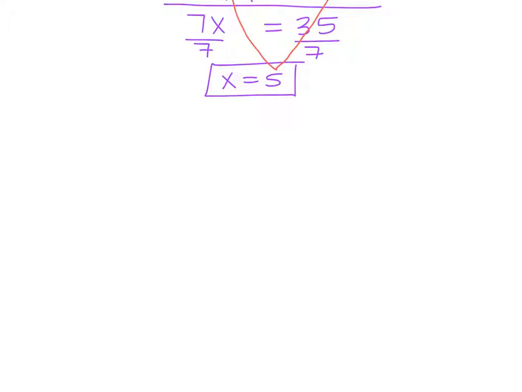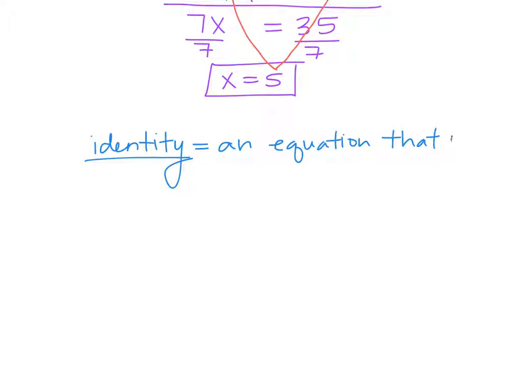There are 2 different answers that you can get. One is called an identity. Okay. An identity is an equation that is true for every value of x.